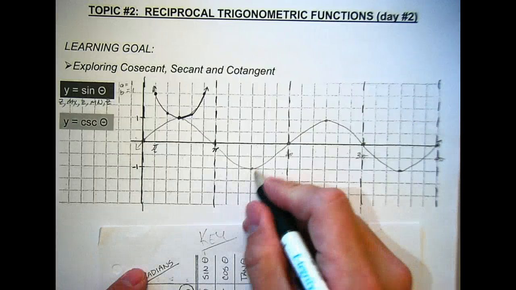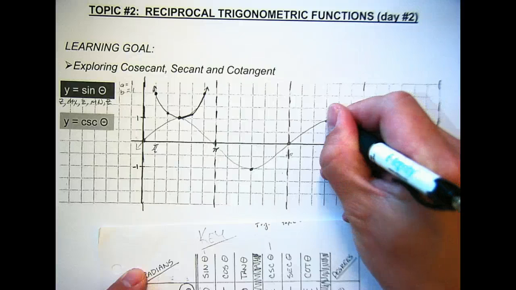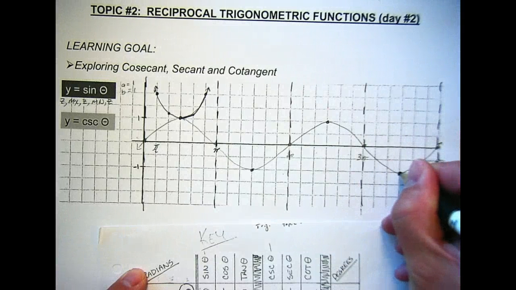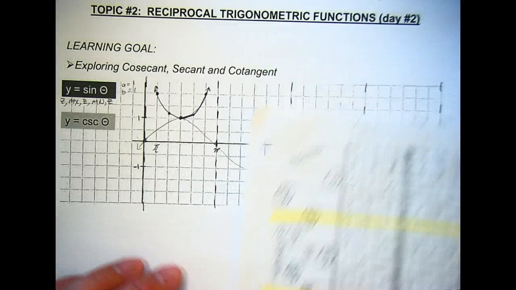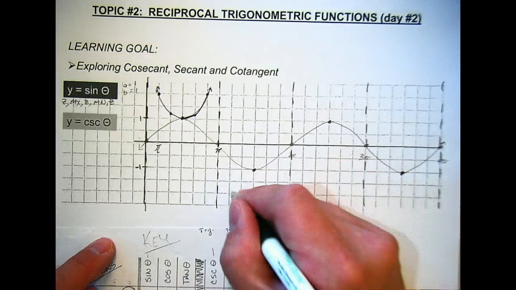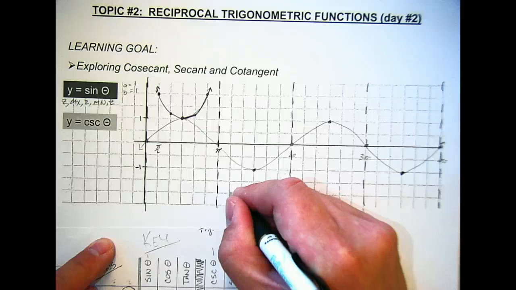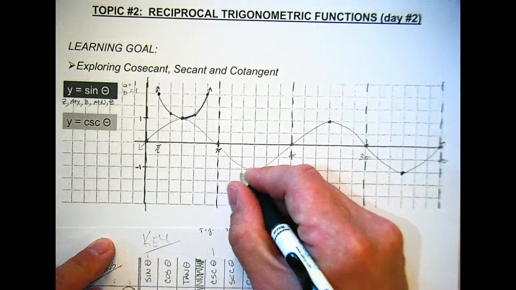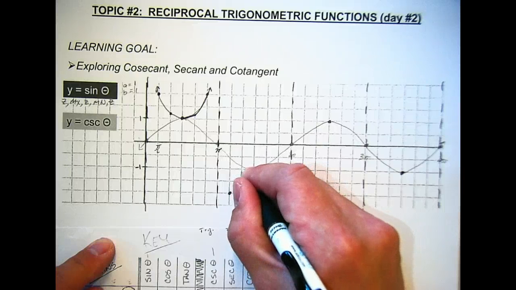Now you'll notice here, every time you have a peak or a valley, that is a point that your cosecant graph is going to hit. And you'll start seeing repeating patterns now. Like this point right here, this is 6 pi over 6. 7 pi over 6 is negative 2. 8 pi over 6, or 4 pi over 3, is actually negative 1.2.